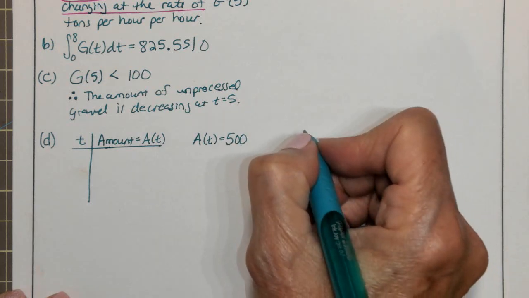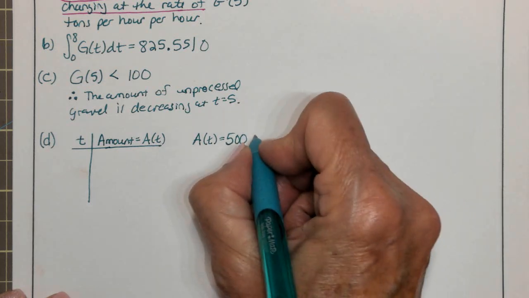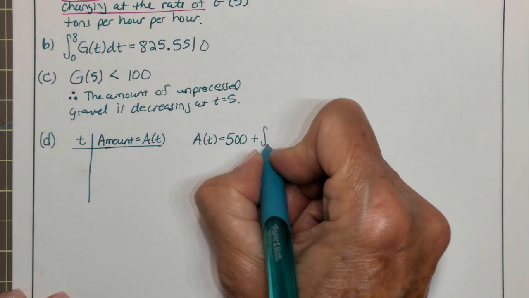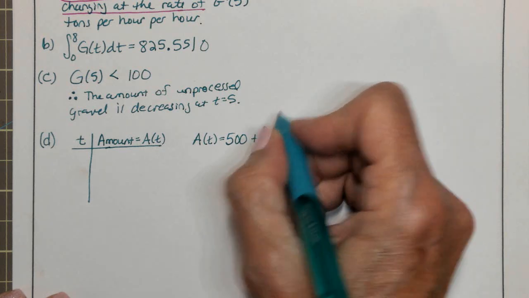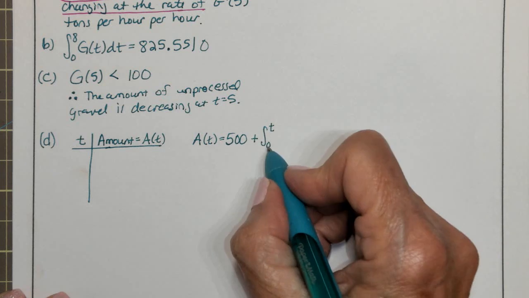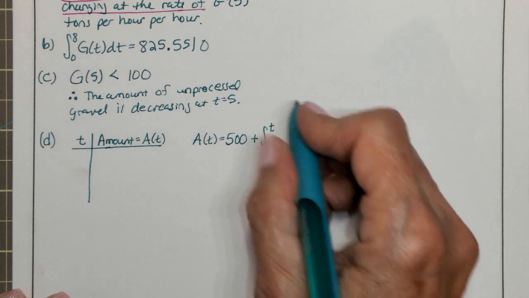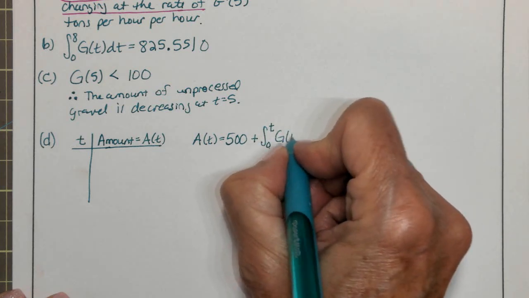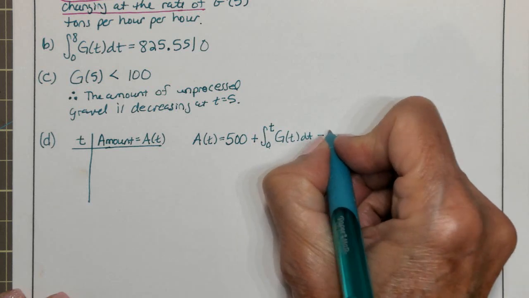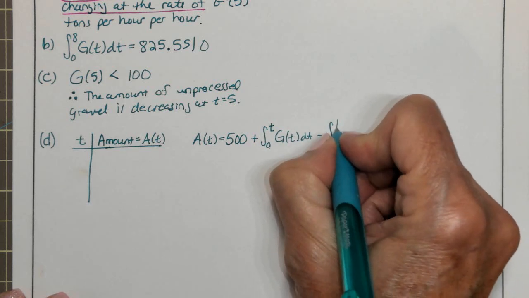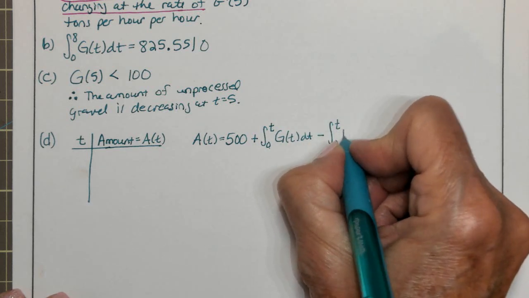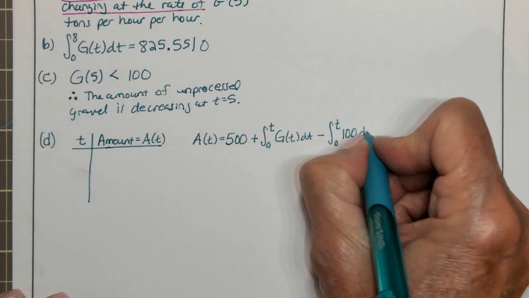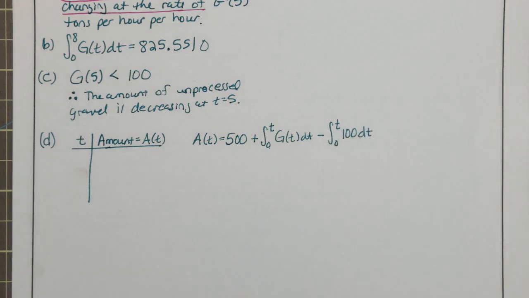They gave me that in the problem. Remember, the initial amount plus the integral from 0 to T of the rate in minus the integral of the rate out, sorry.